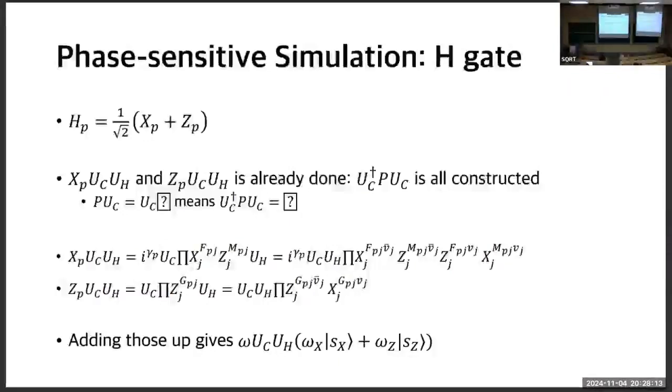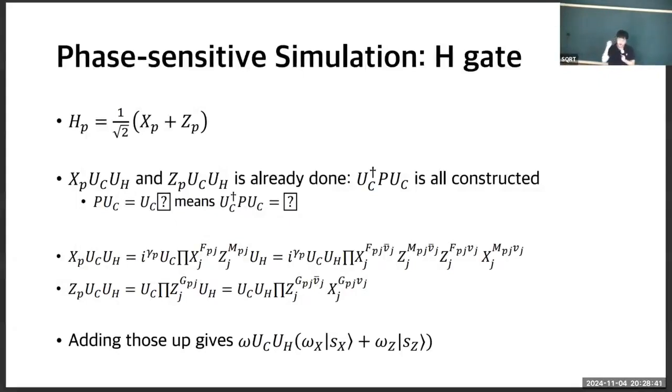So we can apply X_P to UC UH to use that definition of UC, and we can go one by one. Sorry for adding UC here on the first equation of X_P after the first equal sign. So we just make X_P as the, sorry, it wasn't wrong.